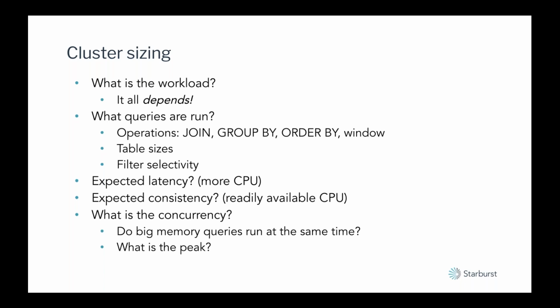If you have the expectation that all your queries are going to take 1 second, then you need to make sure that the CPU is there to run that all the time. If you have enough to run 10 concurrent queries and you need to run 11, then they're going to start to queue up and they're going to get slower.